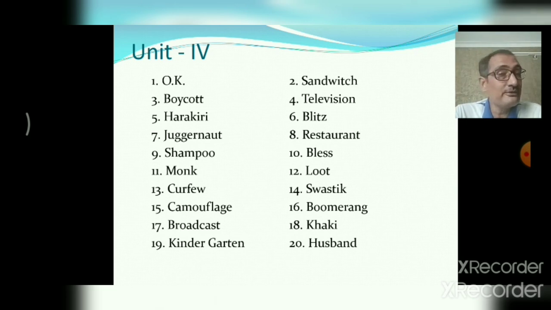For example, the first word okay, or second word sandwich, or fourth television. Then we go to word number 8, restaurant, shampoo, monk, loot, swastik, curfew, khaki. And at last husband. So these words have already taken place and established their place in English language.